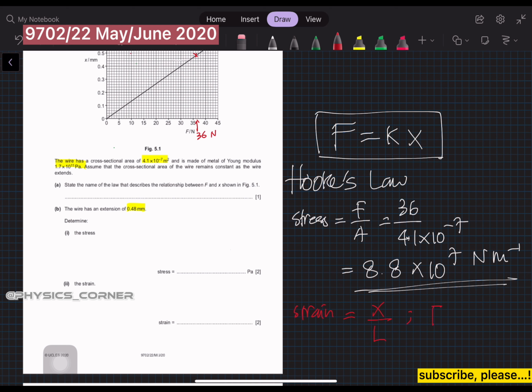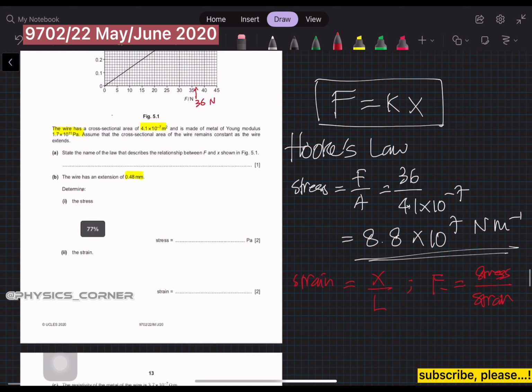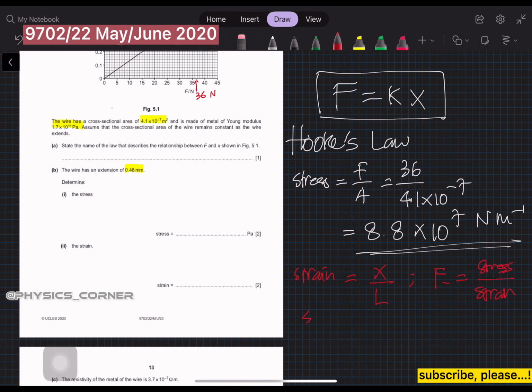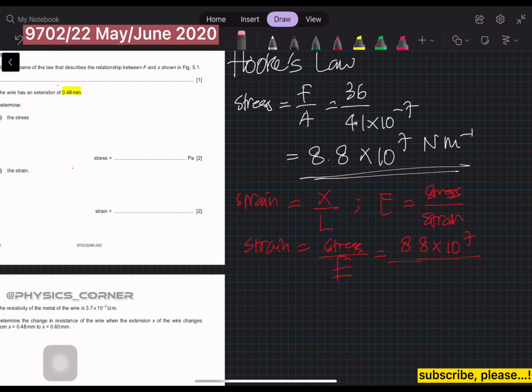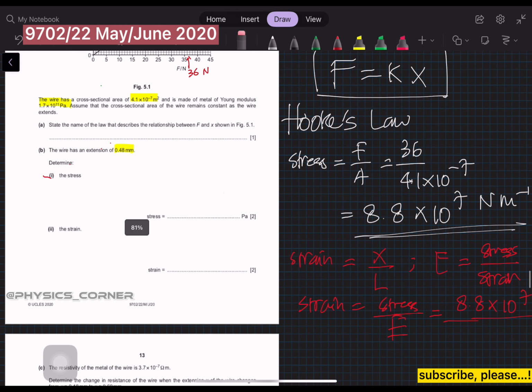Young modulus is stress per strain. So when they ask me about strain, we use the stress and the Young modulus.